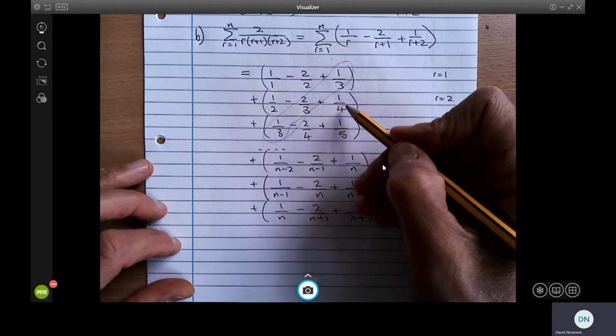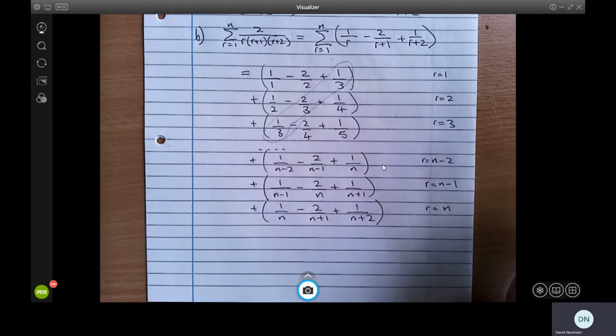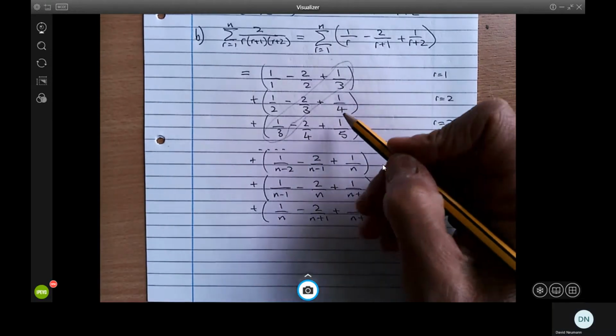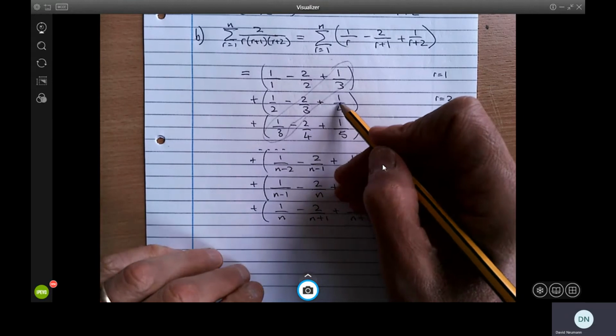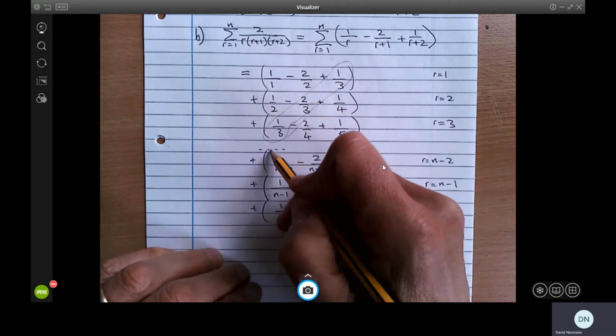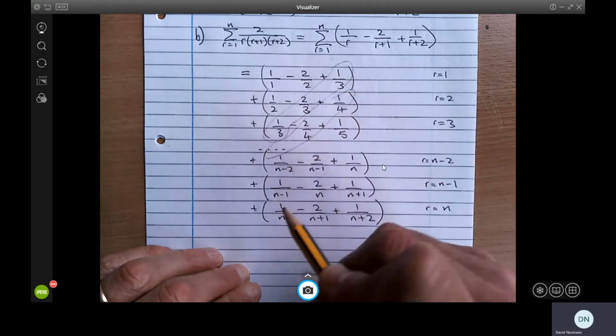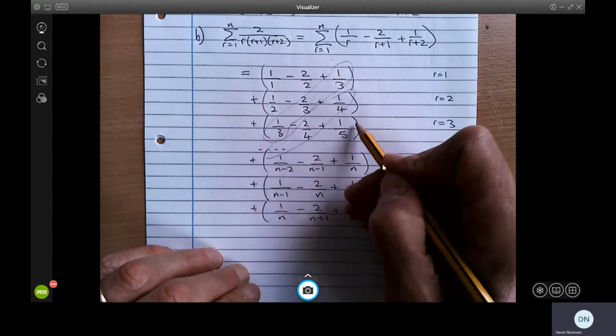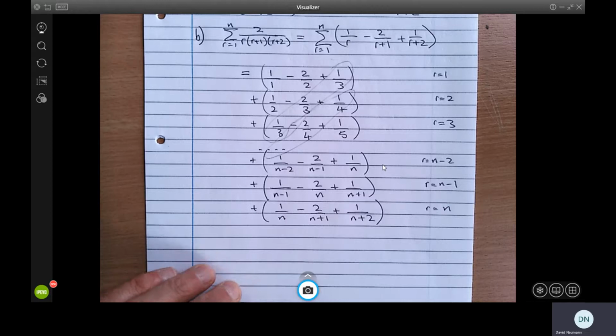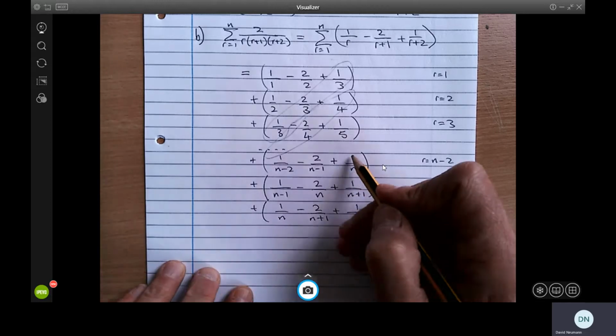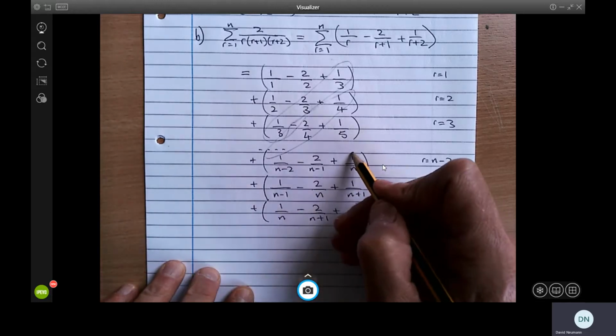I think you should be able to see that this one, and another one here would cancel. So there'll be another cancelling there, and this one here. So in each case, we've got a triple that cancels. Let's look down at the last ones here.